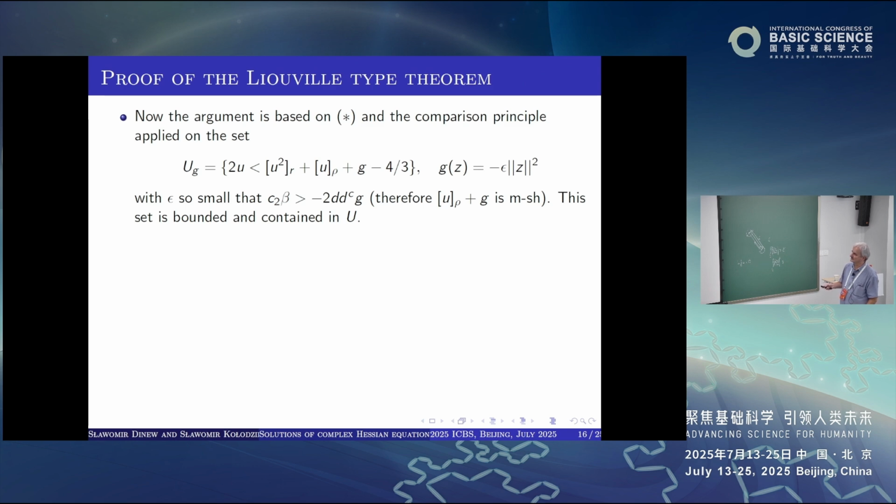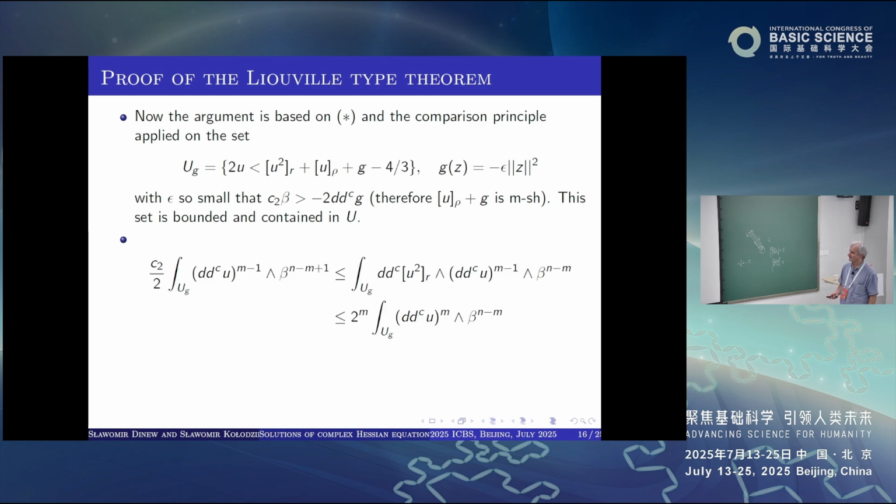And now this set is bounded because this guy goes to minus infinity at infinity. And now we use the comparison principle, which is similar to what we usually do when dealing with the Monge-Ampère equation.